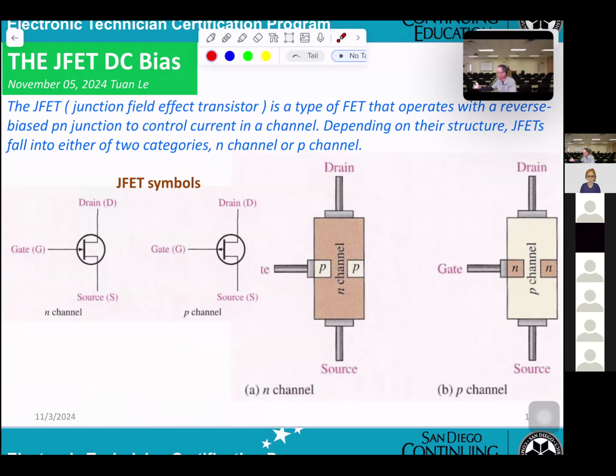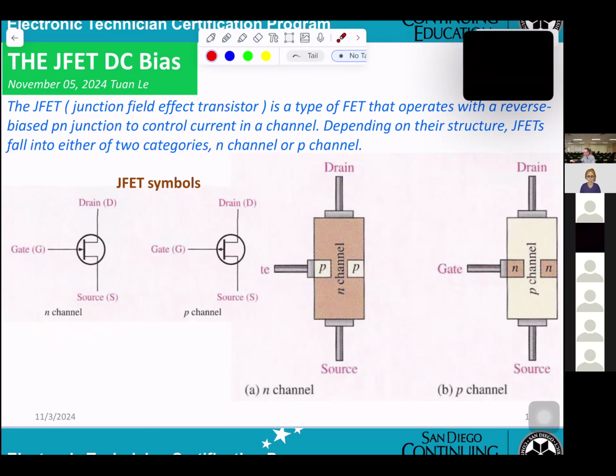Okay, now if you're looking at those two symbols, how do we recognize N channel? How do we know this here is N channel? Who knows? Let me know.